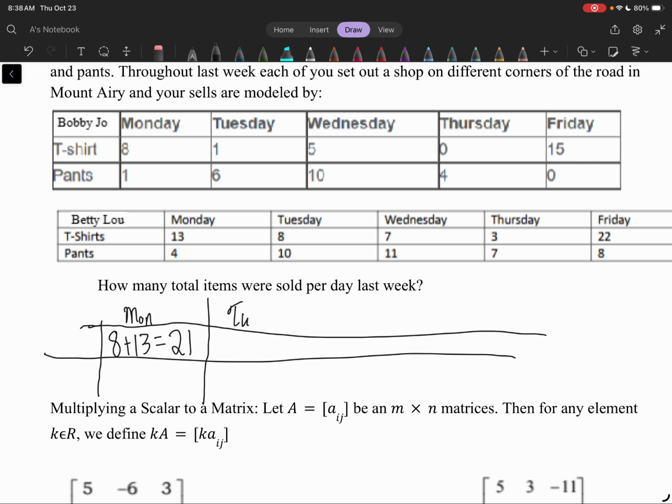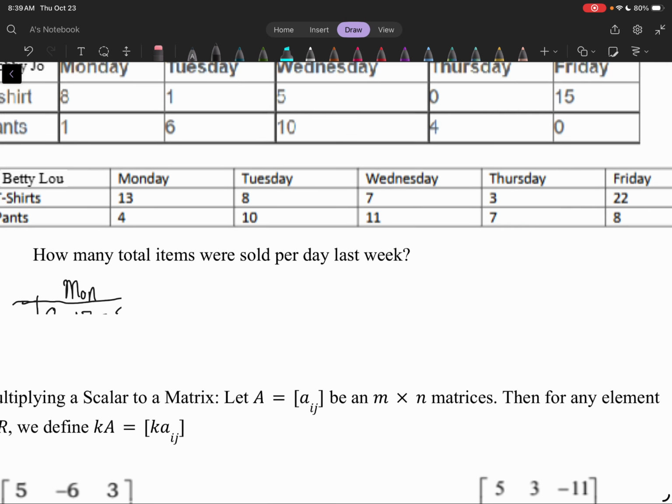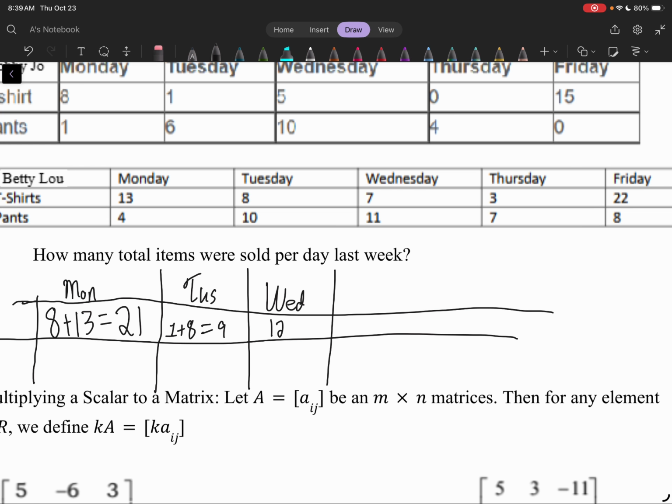Tuesday, it was 1 plus 8 for 9. Wednesday had 12 shirts sold.